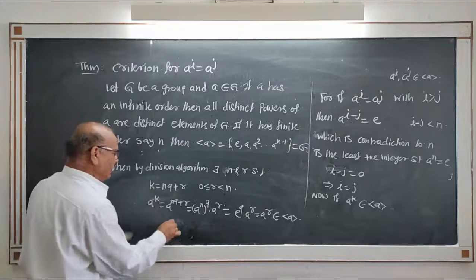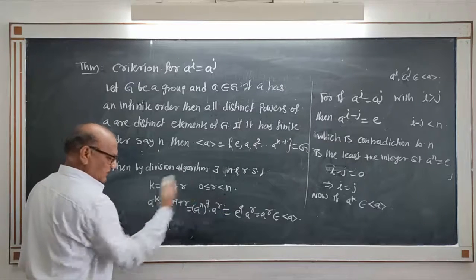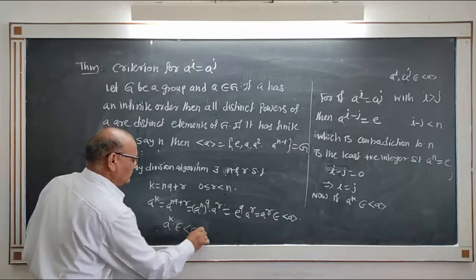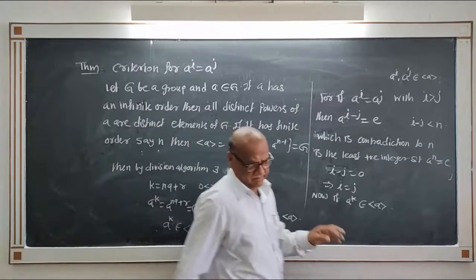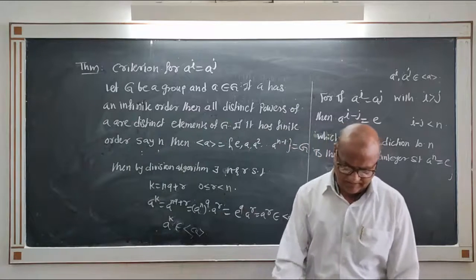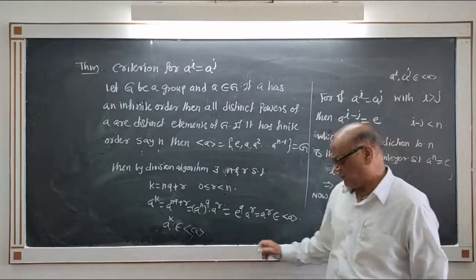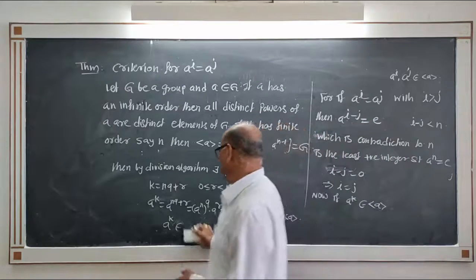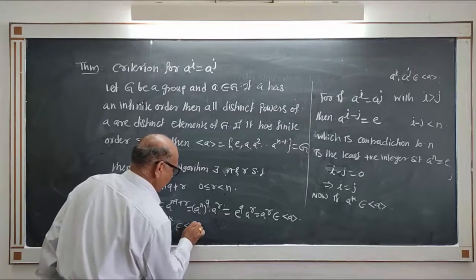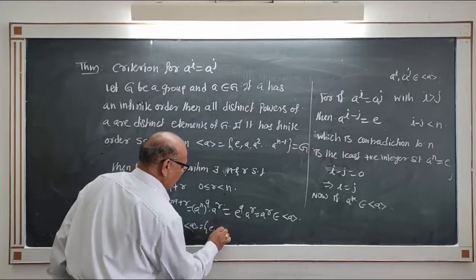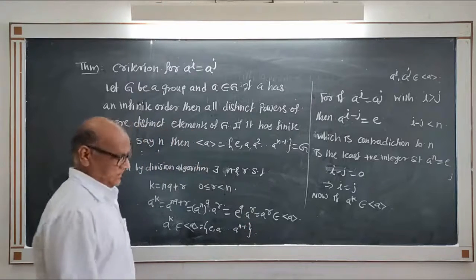Clearly for any K, A raised to K is equal to A raised to R, which belongs to the group generated by A, that means up to A raised to n minus 1.